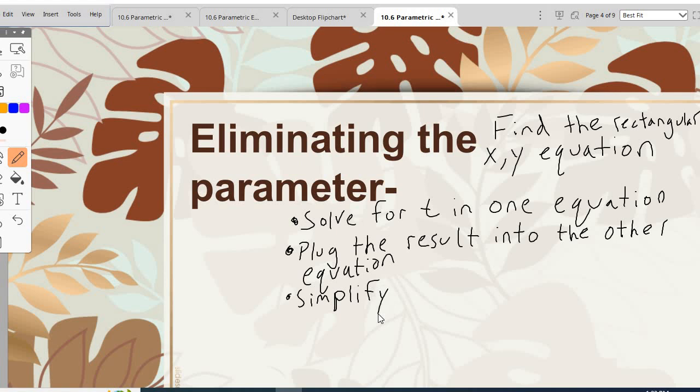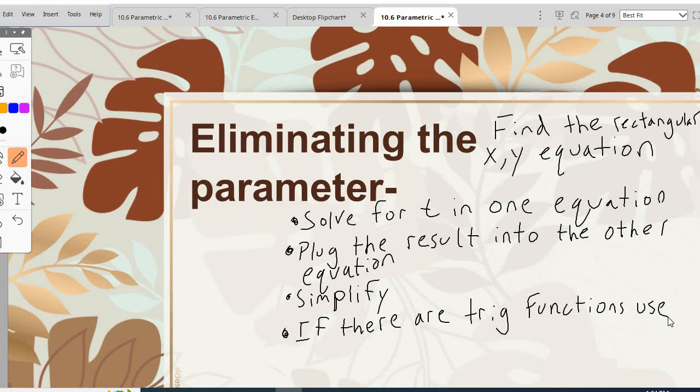Now that's if we have something that looks kind of like what our last one was, where we have t's and they're both just functions. However, we are going to look at another example. If there are trig functions, we're going to have to use some formulas or equations.